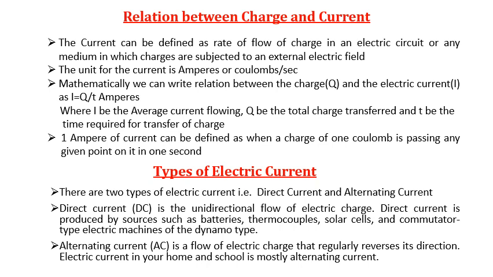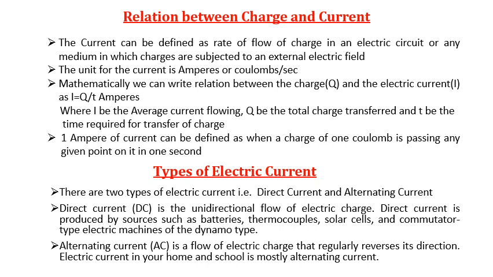So this is direct current. As the name itself indicates, direct means only unidirectional flow of charge, which is produced by sources such as batteries, thermocouples, solar cells, and commutator type electric machines of the dynamo type.